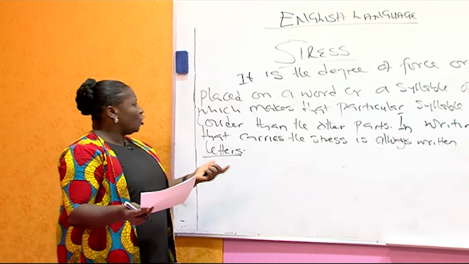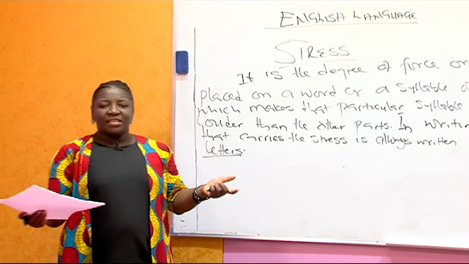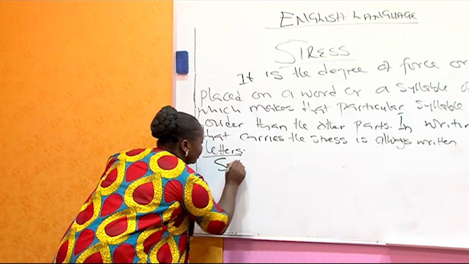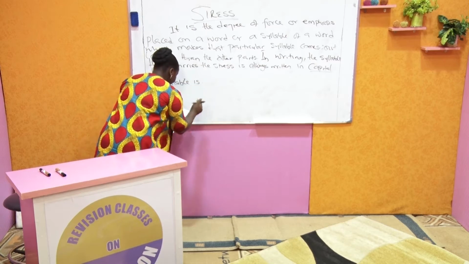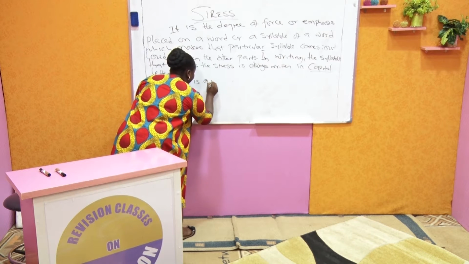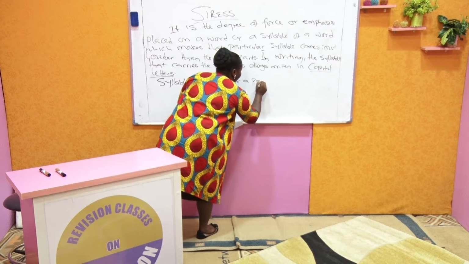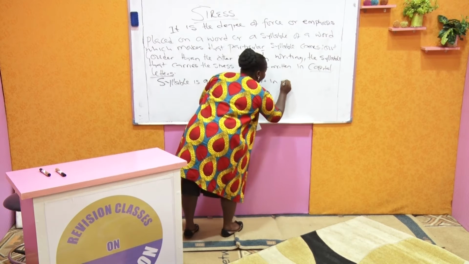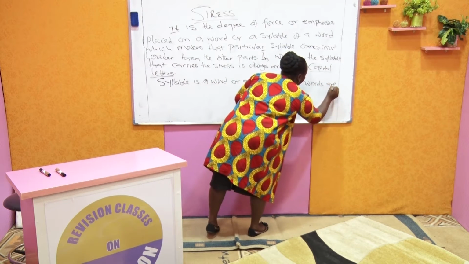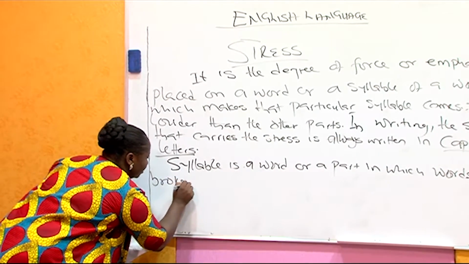And now I'm sure you are familiar with the fact that we've been repeating syllable. Now, what is a syllable? Simply put, a syllable is a word or a part into which words are broken.